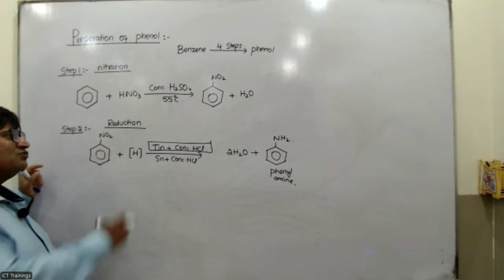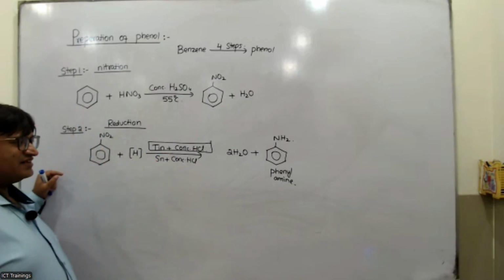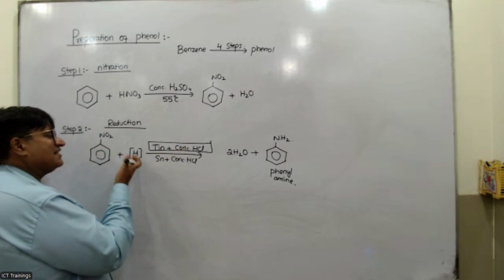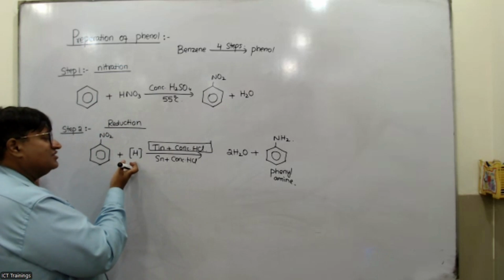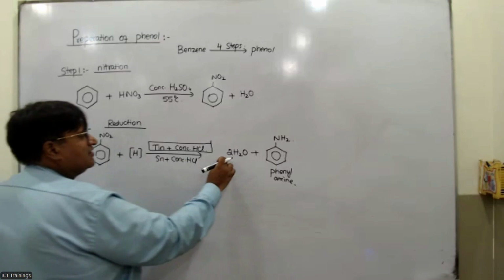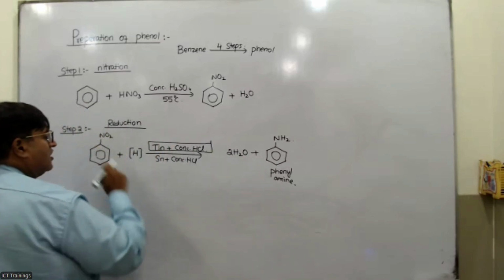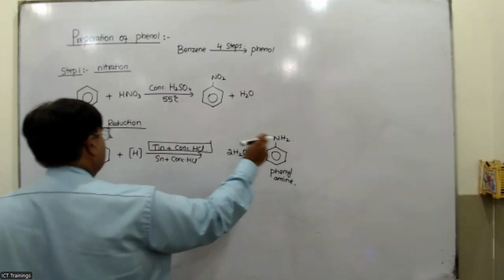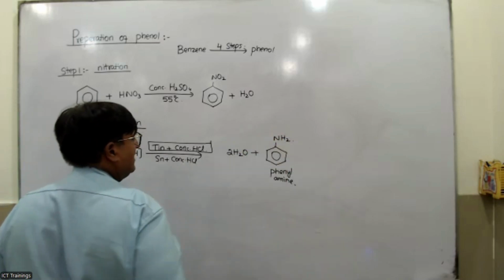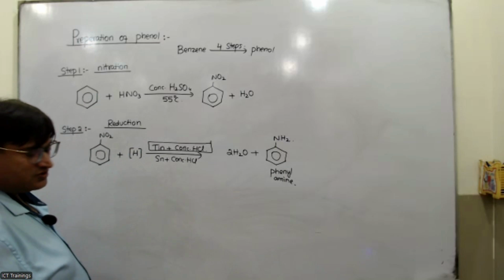For reduction, we use tin plus concentrated HCl, which provides the atomic hydrogen. This atomic hydrogen takes out the oxygen to form water, and we got the N up here. With that N, the hydrogen would be attached. So phenylamine, my dear students, would be formed.